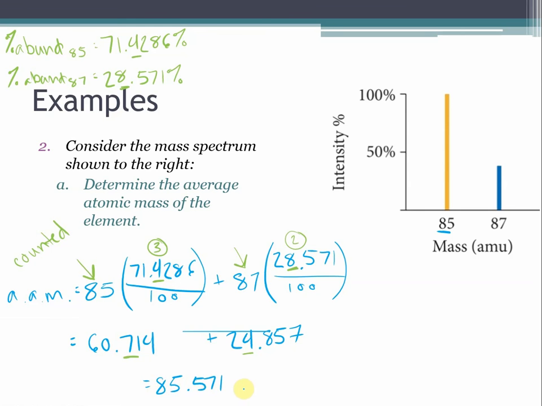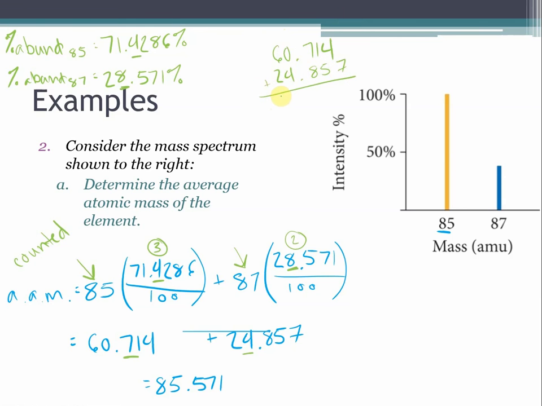85.571. And then finally rounding that for sig figs, the last step we did was addition. So when you're doing addition, it matters which place value you are filling. So we did 60.714 plus 24.857.